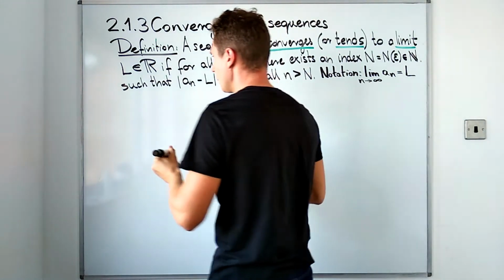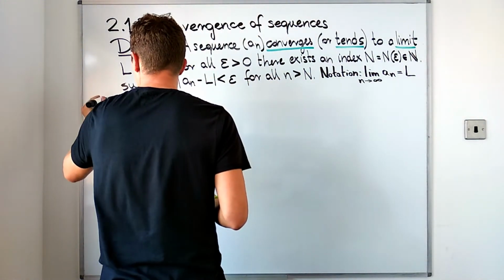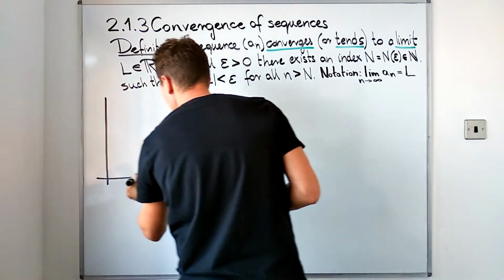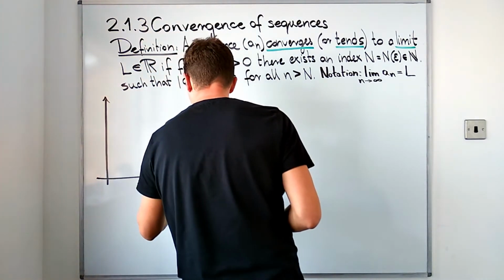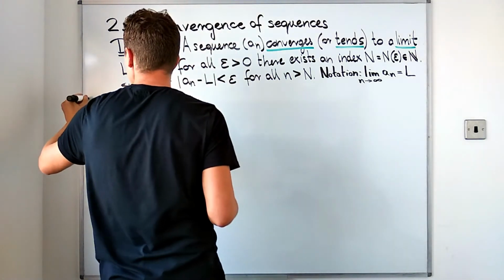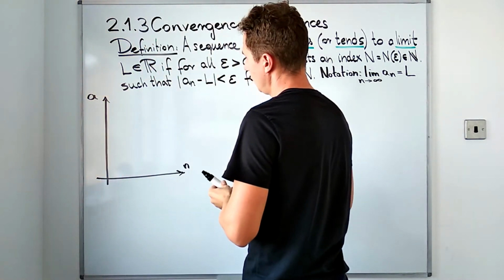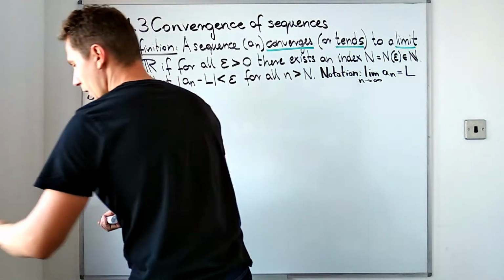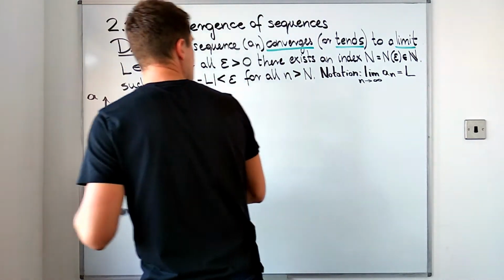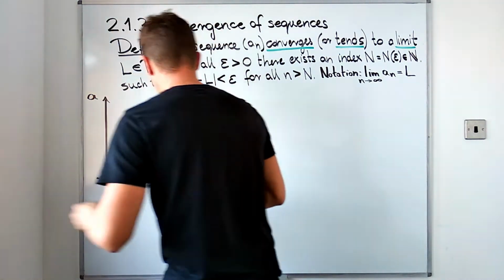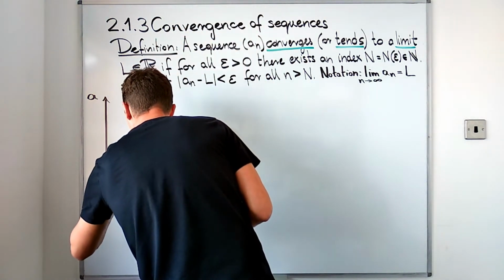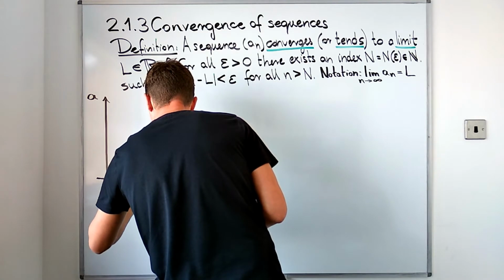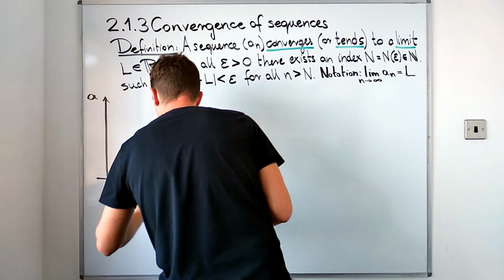Okay, so let me go back to this way of visualizing sequences by plotting them and try to give you an intuitive and visual way of thinking of sequences. So what it means for a sequence to converge, if you think of it visually, is the following.